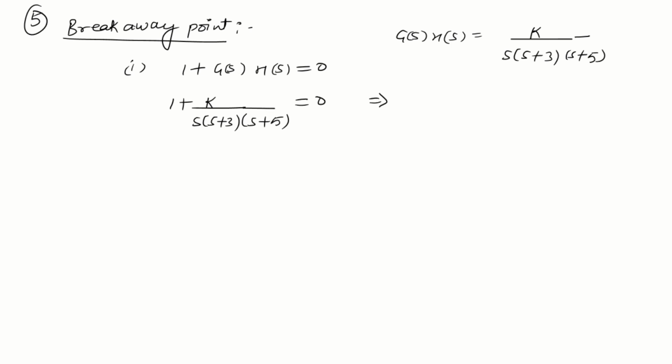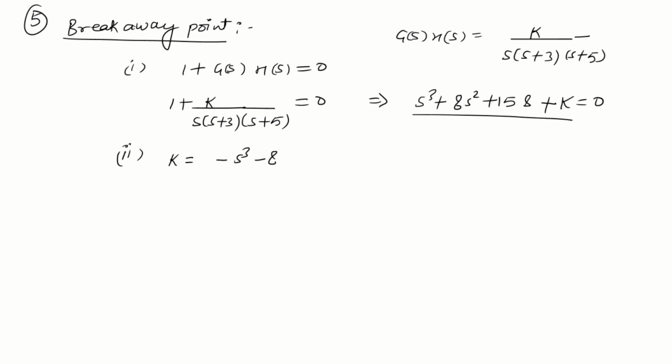If we solve this, we get s cube plus 8s square plus 15s plus K equals 0. In the second step, we will write this characteristic equation in terms of K. So K is equal to minus s cube minus 8s square minus 15s.